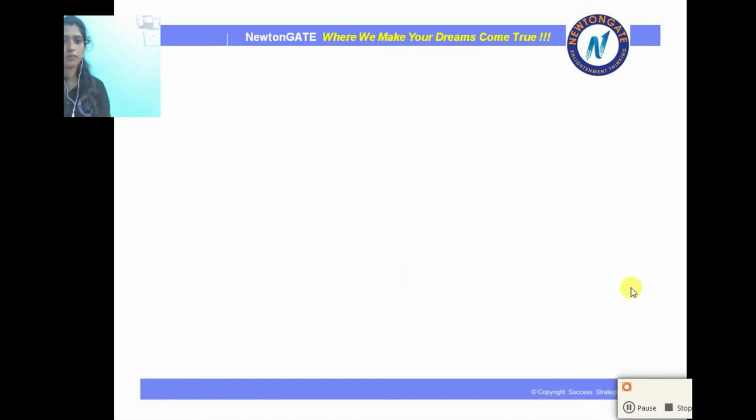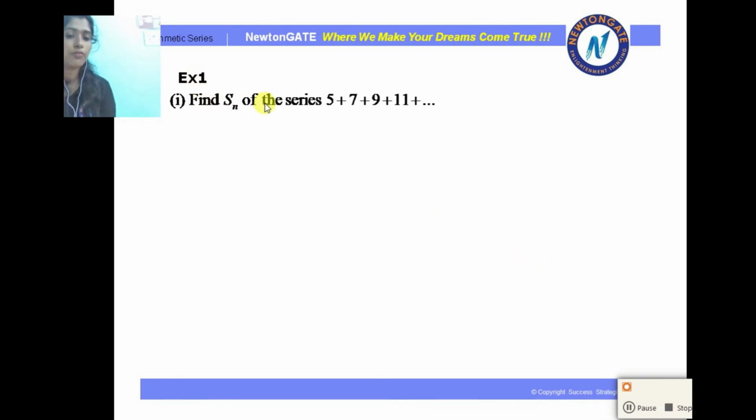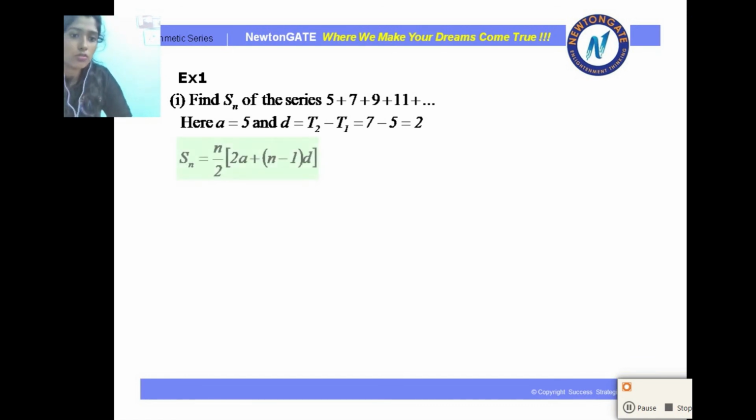Next, we are taking the example: find the Sn of the series 5 plus 7 plus 9 plus 11. If we just put in the formula, a is equal to 5, d is equal to 7 minus 5, equal to 2. So this is the first term and the common difference. Now in the formula, Sn equals n by 2 bracket 2a plus n minus 1 d.